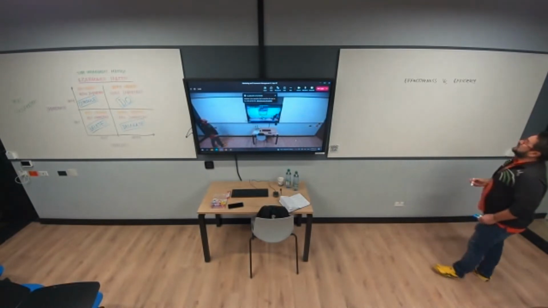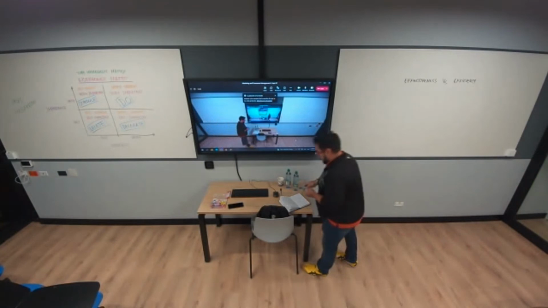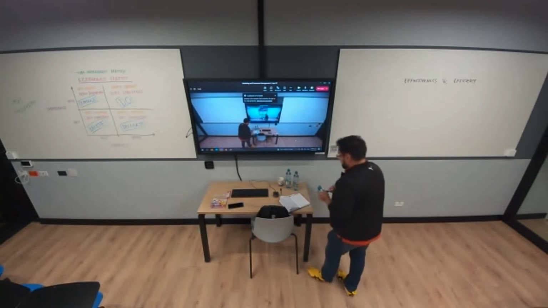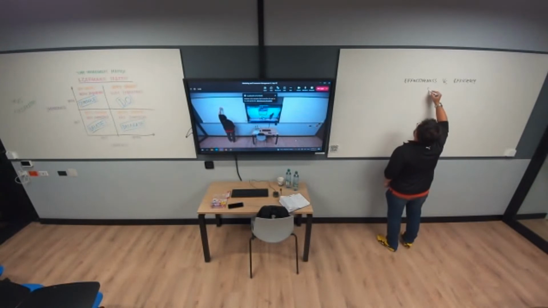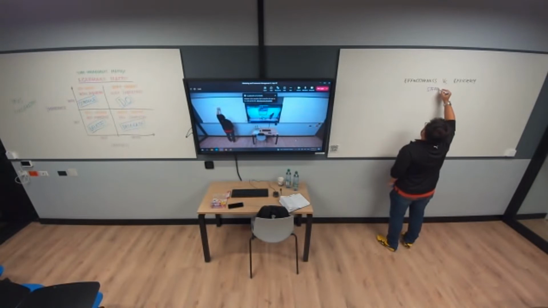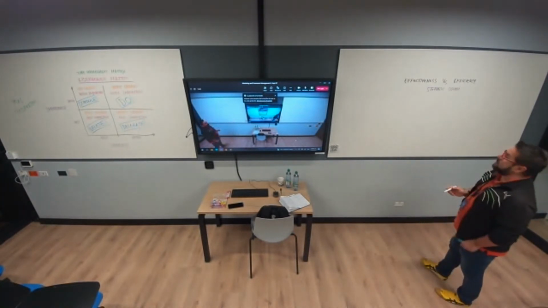Okay, and this matrix was proposed by a person that is called Stephen Covey. Stephen Covey was the person who proposed this matrix.